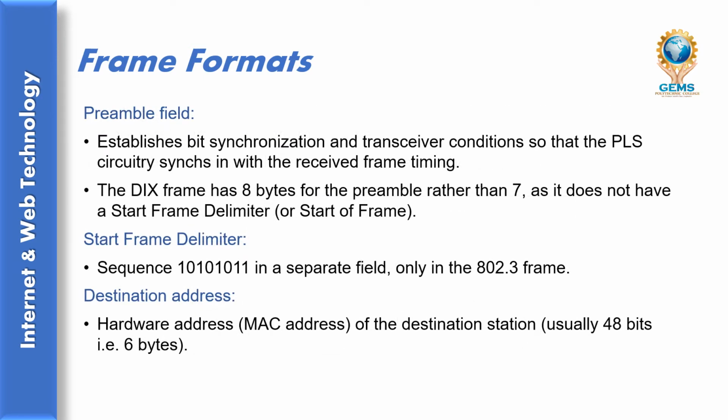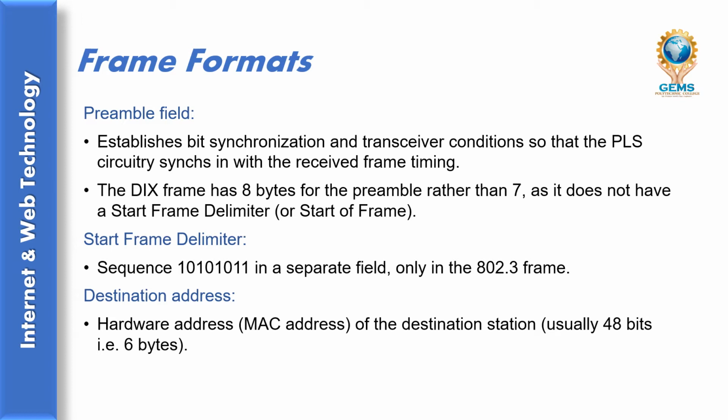First is the preamble field. It establishes the best synchronization and transfer condition so that the PLS circuit synchronizes with the received frame timing. The DIX frame has 8 bytes for the preamble rather than 7, as it does not have a start frame delimiter.